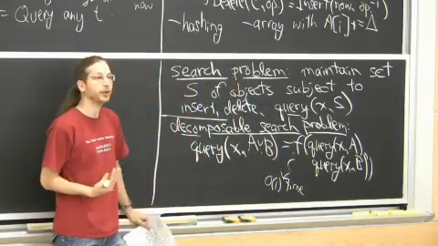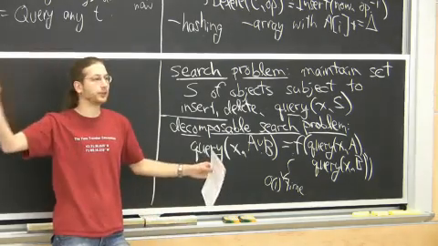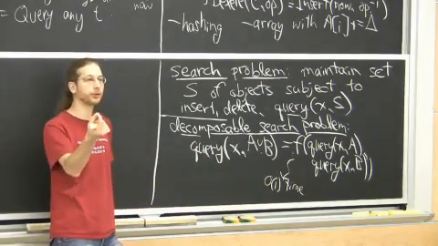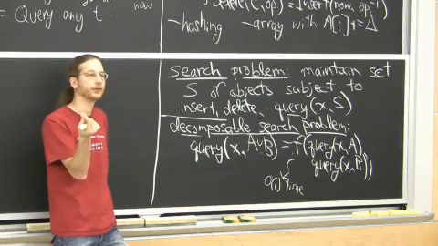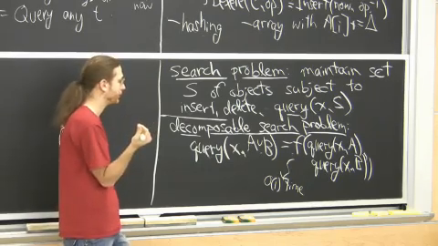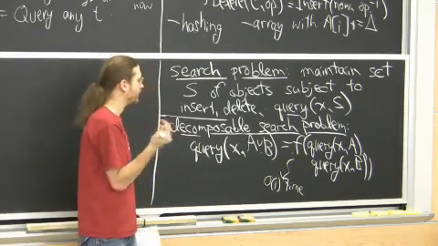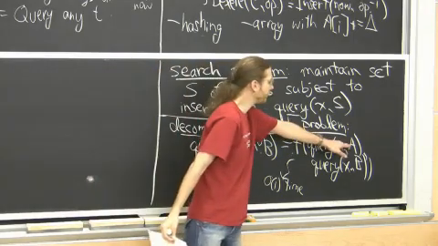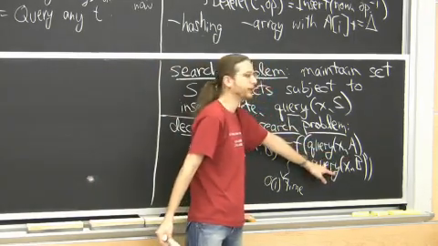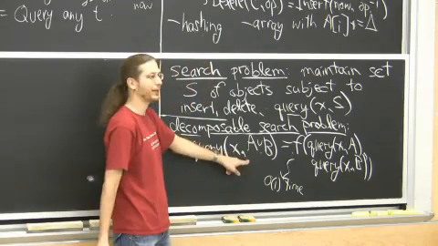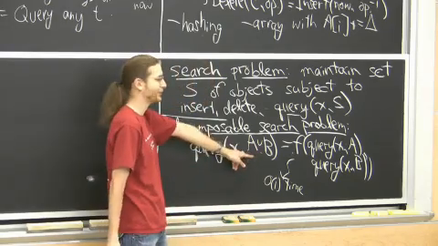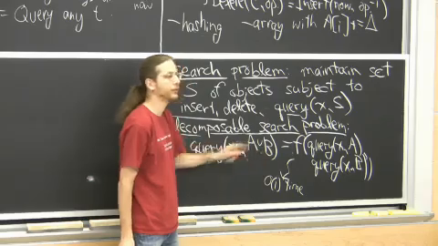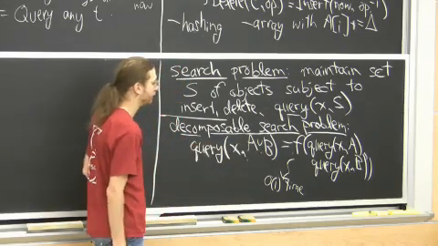For example, suppose I have a set of points in the plane, and I want to know, given a query point, what's the nearest point in my set? This would be dynamic nearest neighbor. If I could compute the nearest neighbor among one subset of the points and the nearest neighbor among a different subset, I can compute the nearest neighbor among the union just by taking the min of the two. Doesn't matter whether A and B overlap. That will still give the right answer.